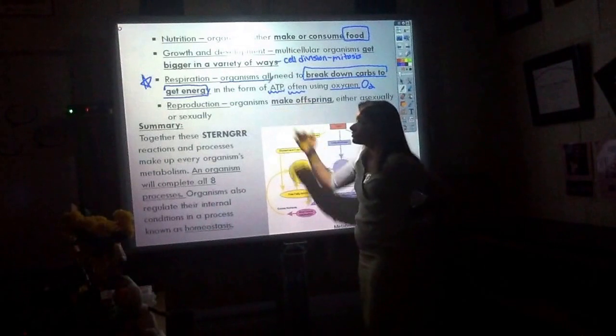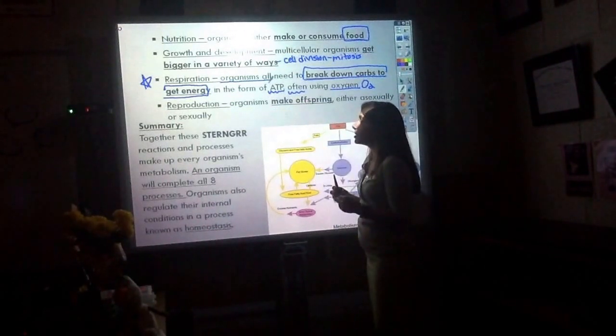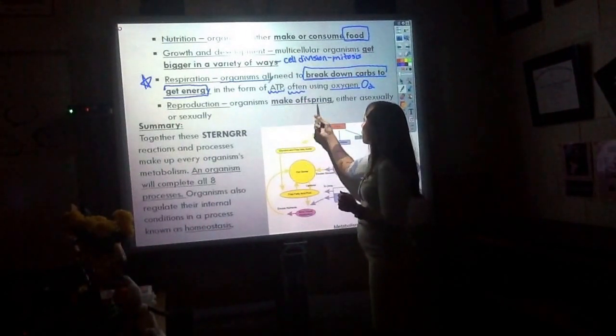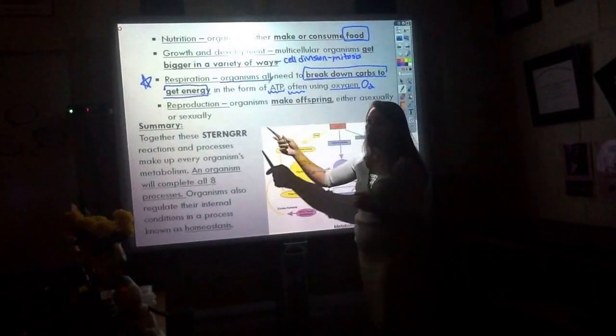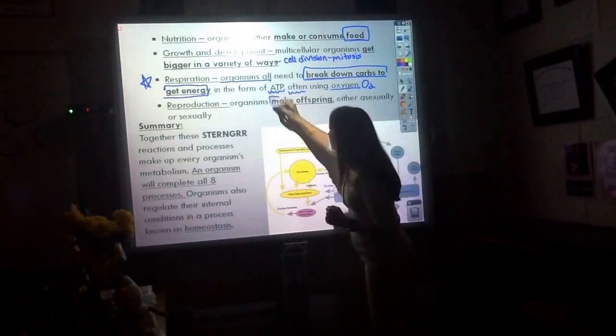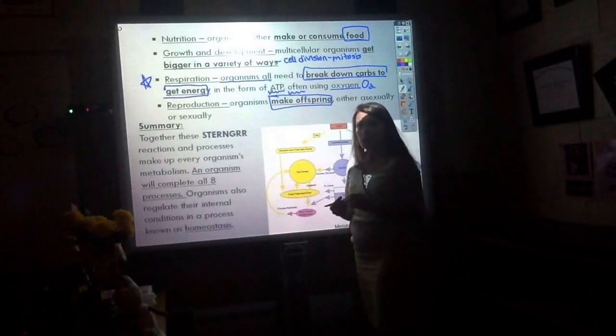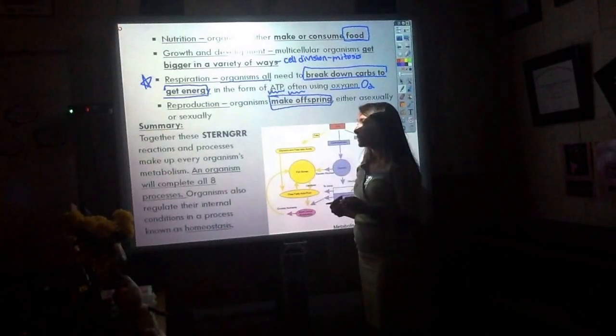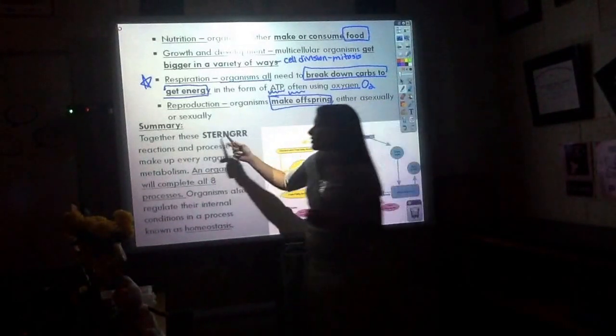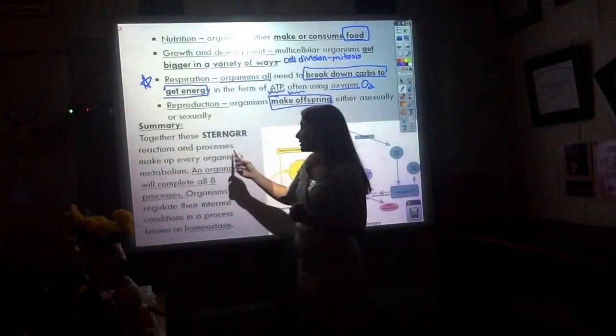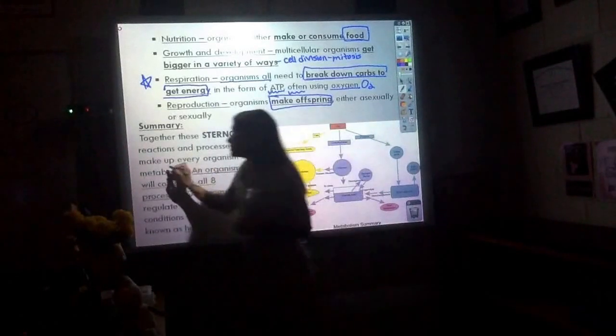The last STERNGRR trait is reproduction. This is where organisms make offspring, either asexually or sexually. Every single living thing produces or attempts to produce offspring at some point during its life cycle. Together, these STERNGRR reactions and processes make up every organism's metabolism.